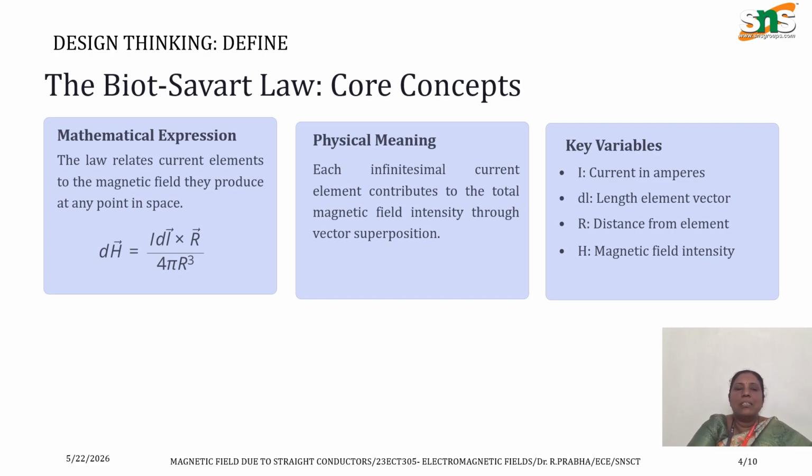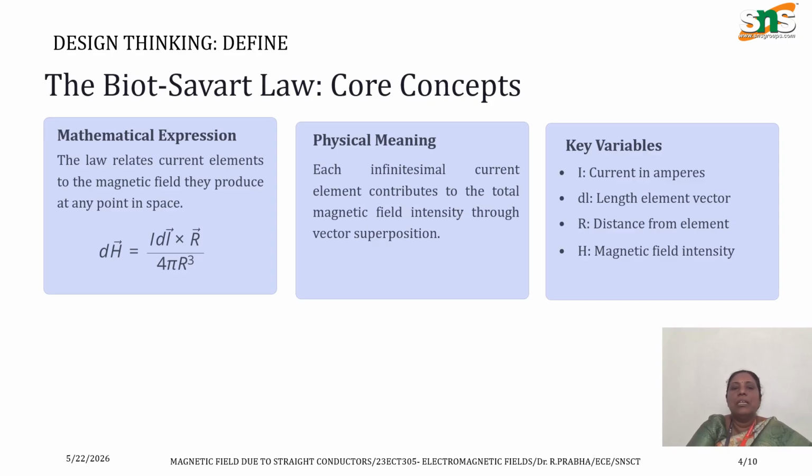The mathematical expression is that the law relates the current element to the magnetic field produced at any point in space, and the formula is given by dH vector is equal to I dl cross r vector by 4 pi r cube.